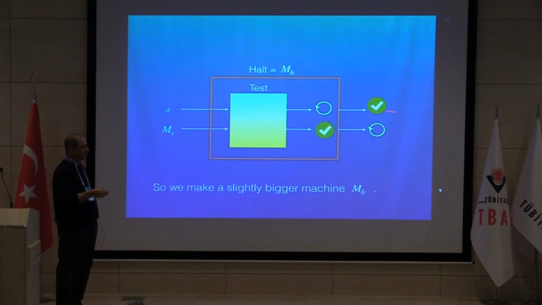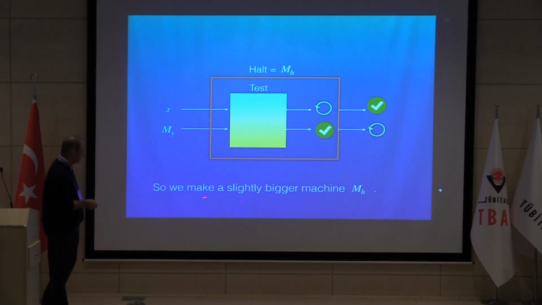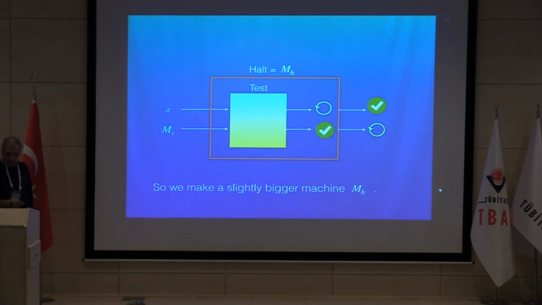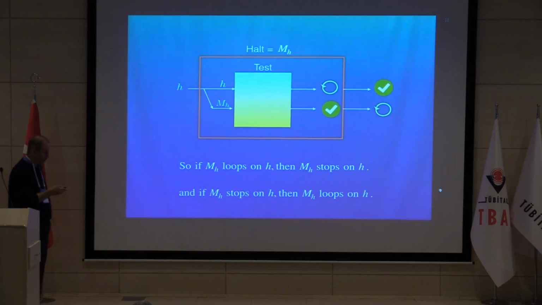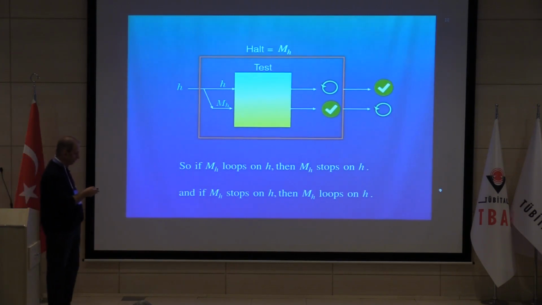If it doesn't halt, it stops. Right? Now you make a slightly different machine. You give it the same machine, but you give the input H. And now you see the contradiction.